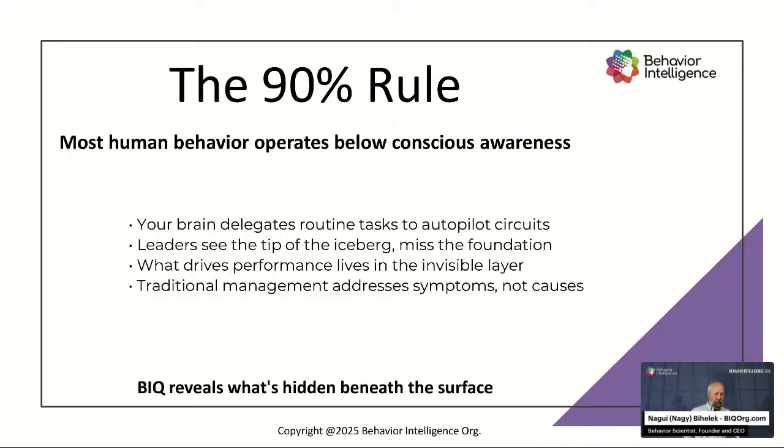So your brain delegates routine tasks into an automatic unconscious pattern that we often refer to as habits. So habits are things that you've done so many times that your brain has myelinated a sheath around that, and it became like a super highway. It's kind of like cache on your computer.